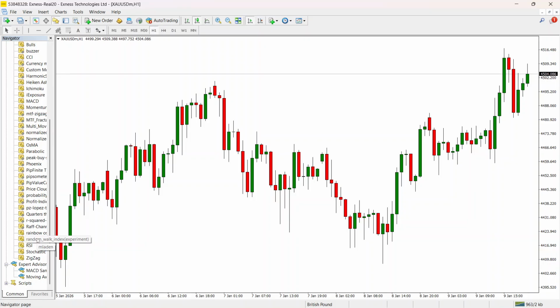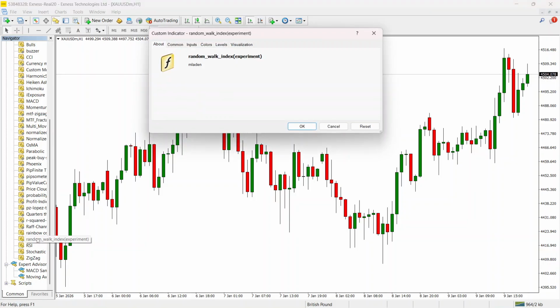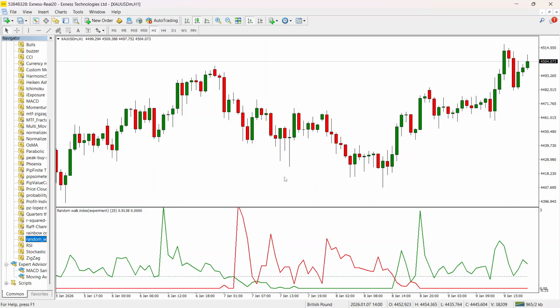The indicator produces two lines: RWI high for bullish trends and RWI low for bearish trends, with readings above 1 indicating strong trending behavior and readings below 1 suggesting random price movements.